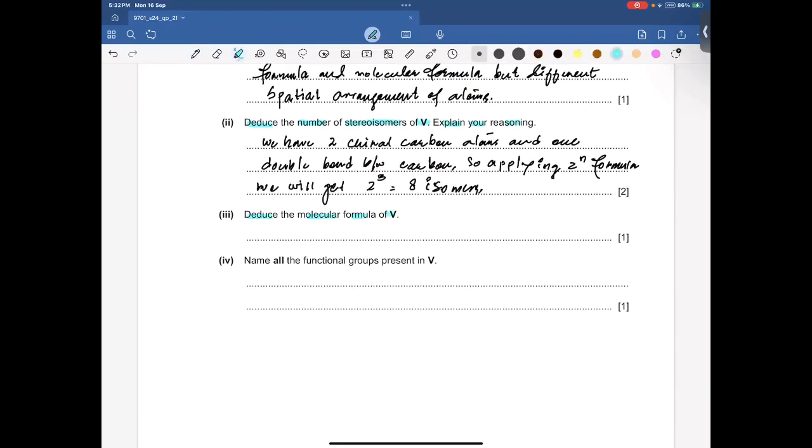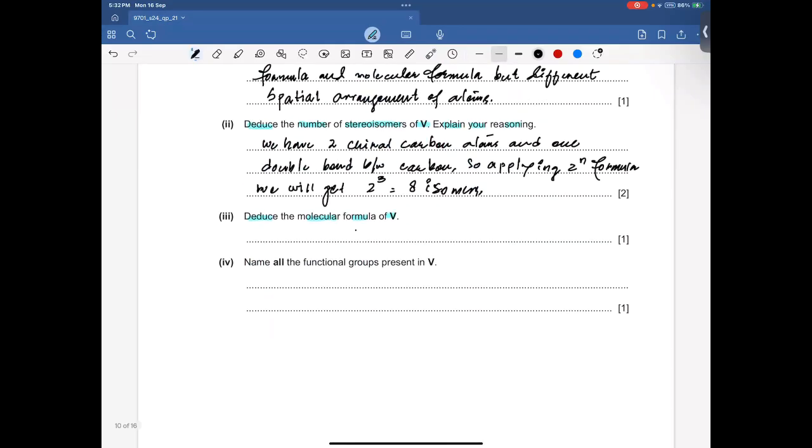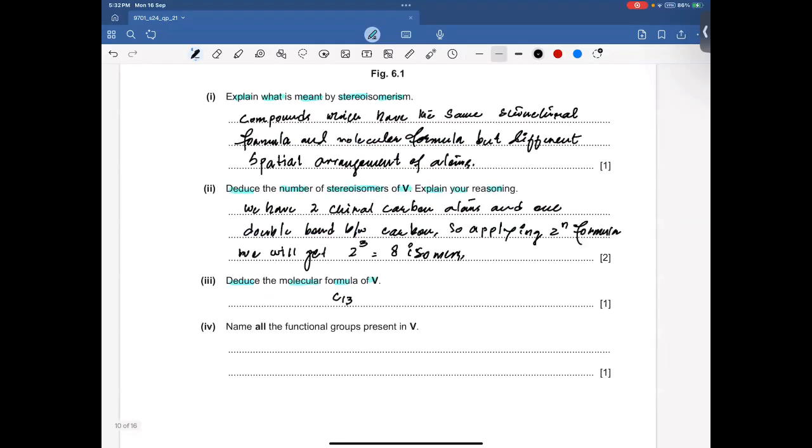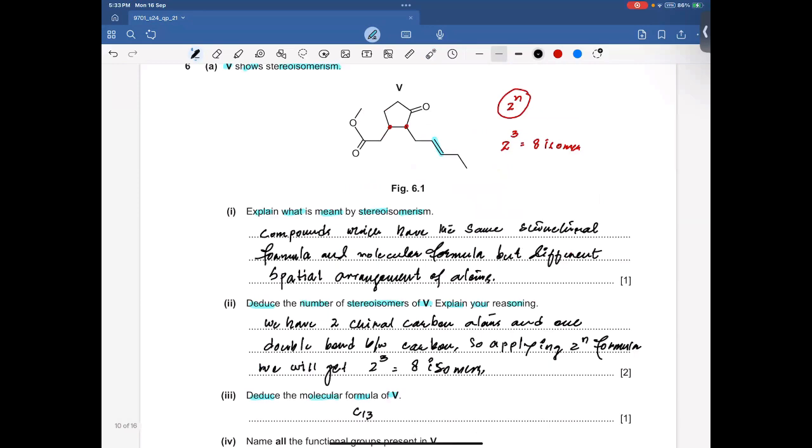Deduce the molecular formula of V. V, how many carbon atoms? 1, 2, 3, 4, 5, 6, 7, 8, 9, 10, 11, 12, and this one is 13 carbon atoms. Okay, so we have 13 carbon atoms. How many hydrogen atoms? 3 plus 2, 5, 6, 7, 8, 9, 10, 11, 12, 13, 14, 15, 16, 17, 18, 19, 20. Okay, 20 hydrogen atoms.